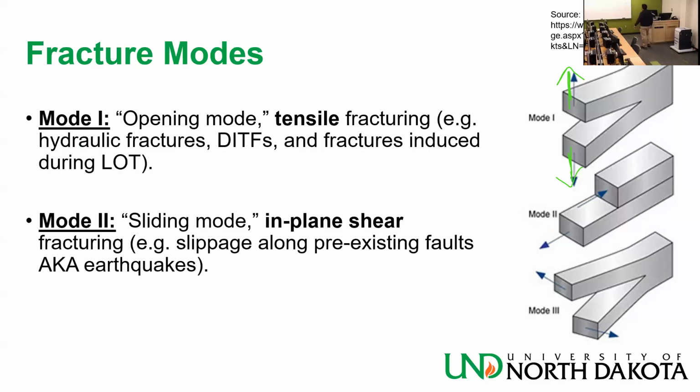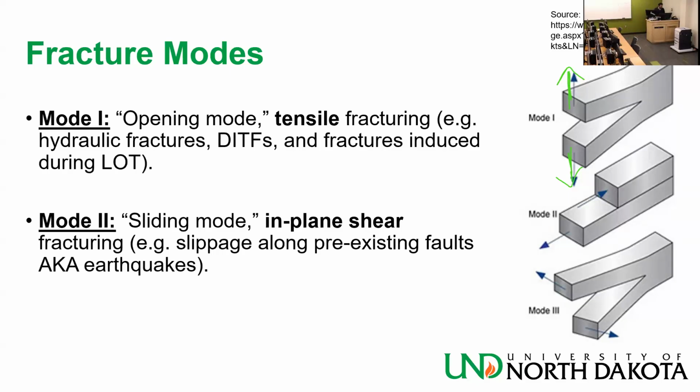This is similar to the way the rock breaks when you have earthquakes. You make one piece of rock move over another, like tectonic motion, one chunk of rock sliding next to another. Now, you can have in-plane shear, that's mode 2.